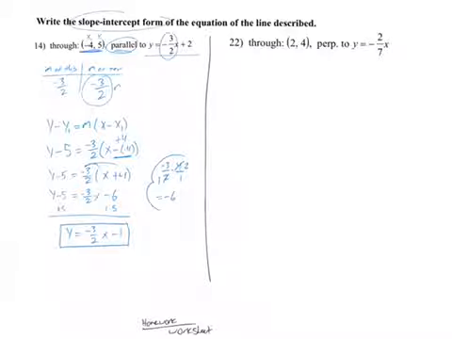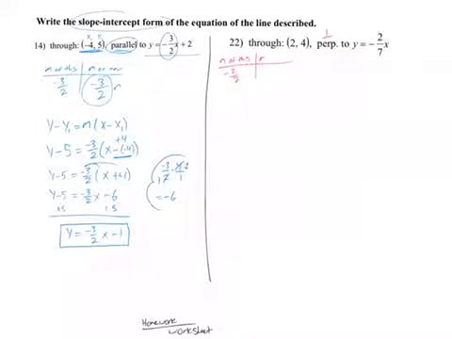Now let's do one that's perpendicular. They abbreviate it as perp. It's not talking about perpetrators, but it's talking about perpendicular. So the slope of this line is negative 2/7.